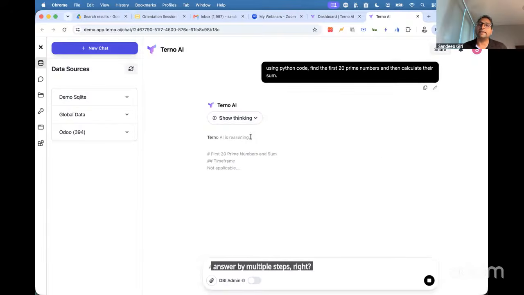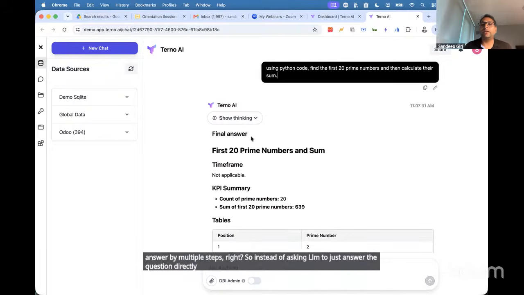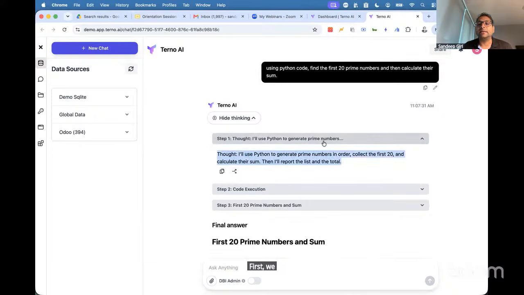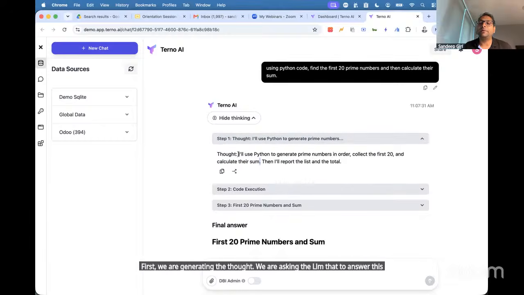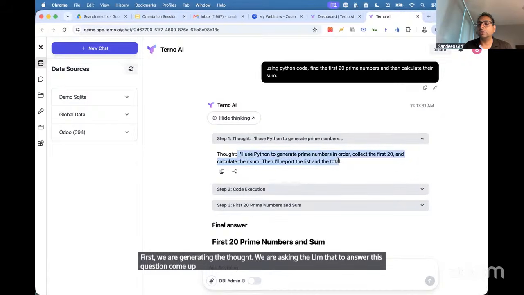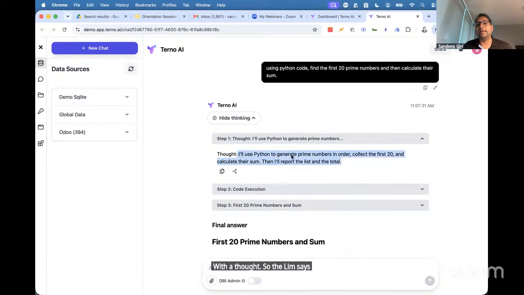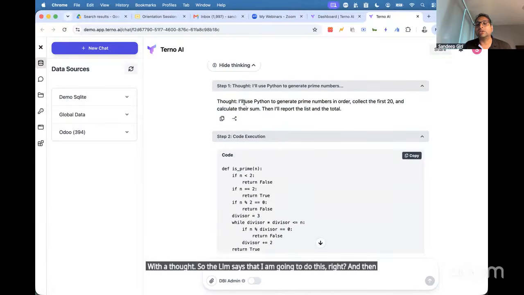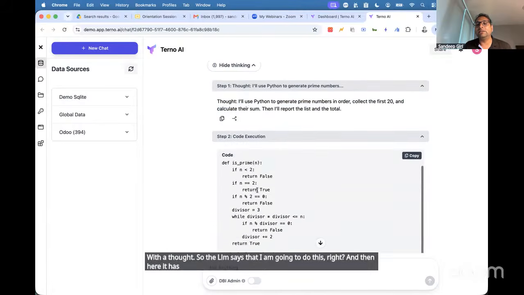So instead of asking the LLM to just answer the question directly, what we are doing underneath is that first, we are generating the thought. We are asking the LLM to come up with a thought to answer this question. So the LLM says that I'm going to do this, right? And then here it has also generated the code.